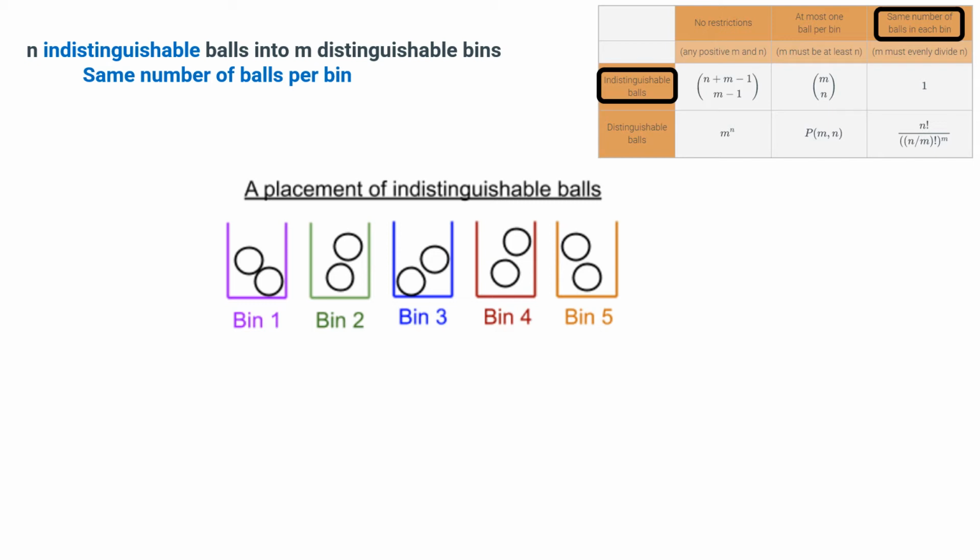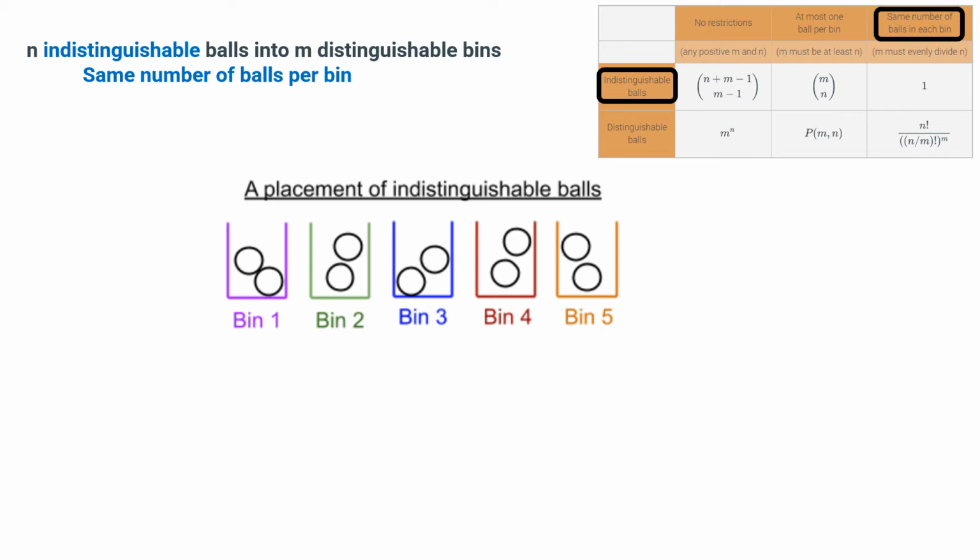Okay, so let's think about this here. Let's just look at this case where we've got 10 balls and we have to put the same number in each bin. Well, that would just mean there's 2 balls in each bin. And since these are indistinguishable balls, that's only one placement.